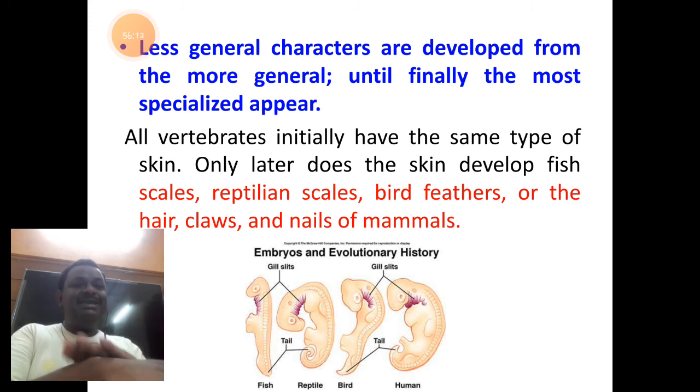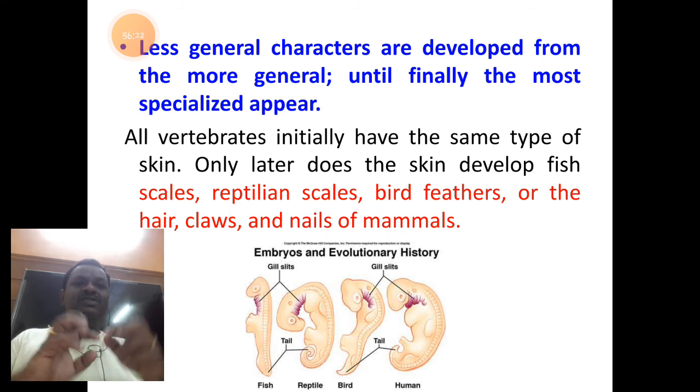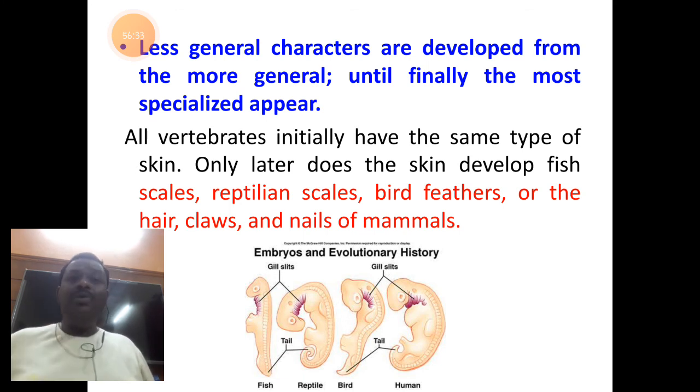Later, the skin develops scales in fishes, reptilian scales in reptiles, feathers in birds, and hairs, claws, nails in mammals. So most special characters get formed after the formation of the general characters. How? Less general characters are developed from the more general characters. Then finally specialized characters appear in them.